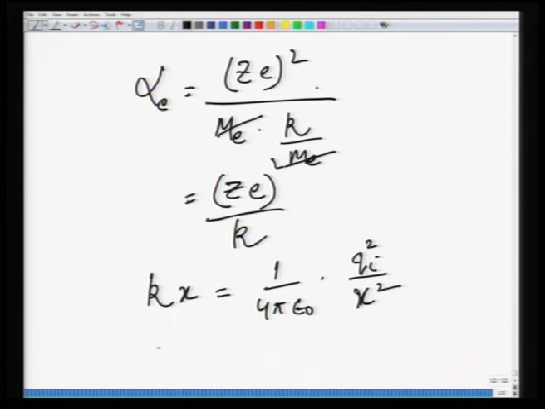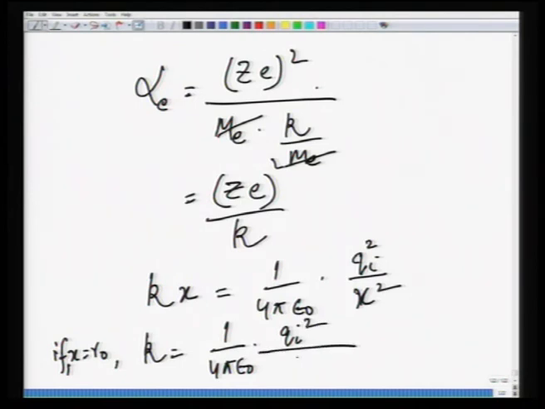So, K will become equal to 1 over 4 pi epsilon naught Qi square, which is ZE square divided by R naught cube.